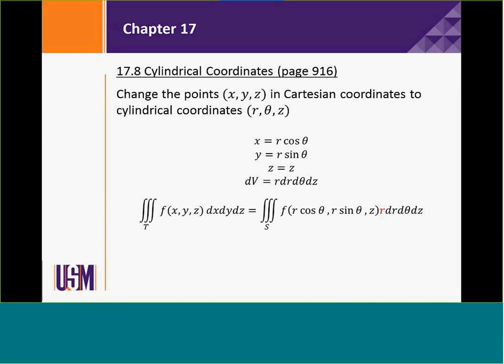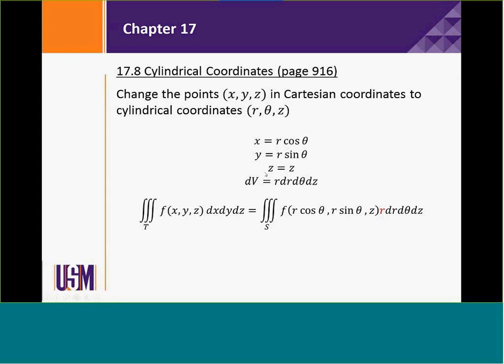So, the cylindrical coordinates. We need to change the Cartesian coordinates x, y, z into the cylindrical coordinates r, theta, and z. The relationship is x equals r cos theta, y equals r sin theta, z equals z, and we replace dV with r dr d theta dz.